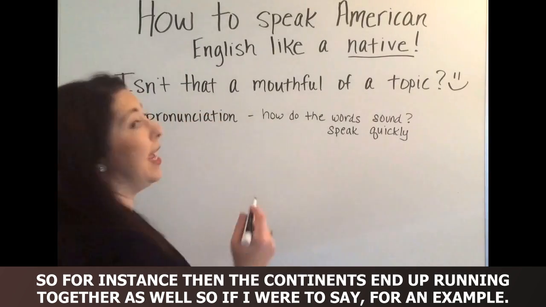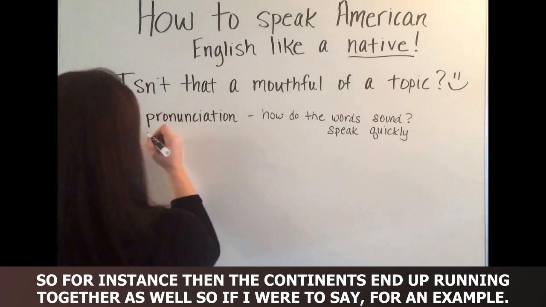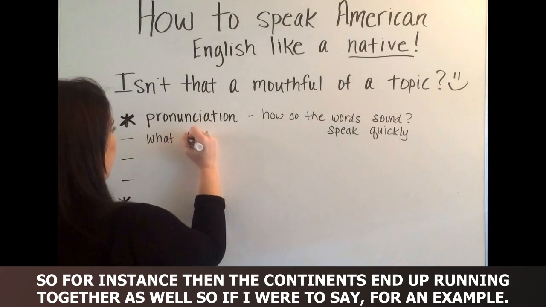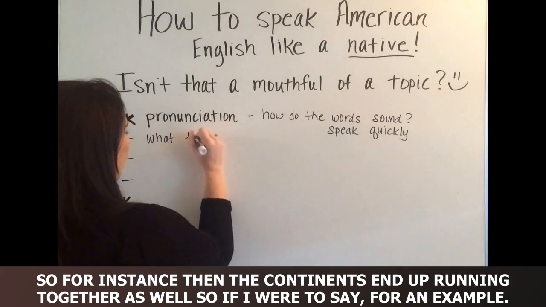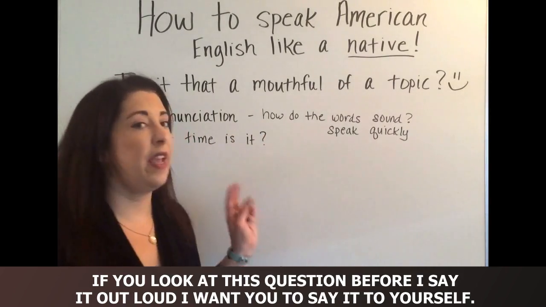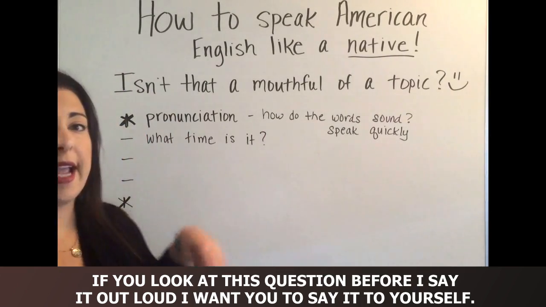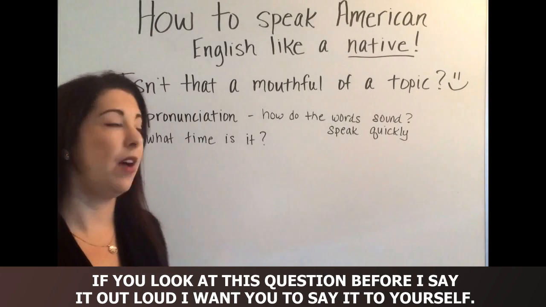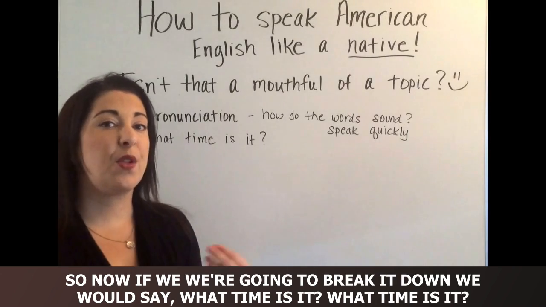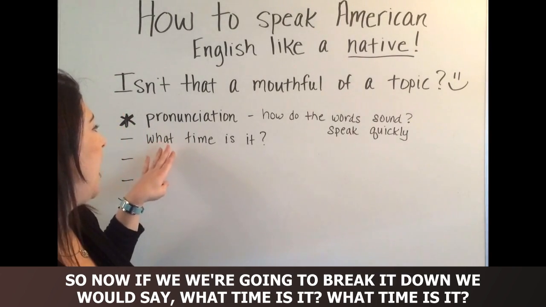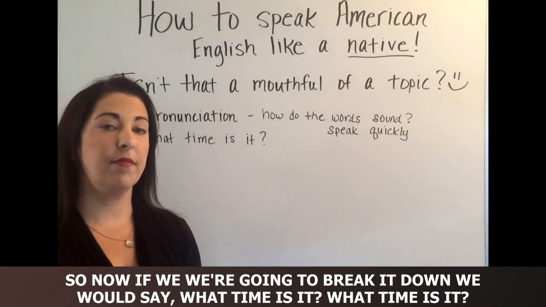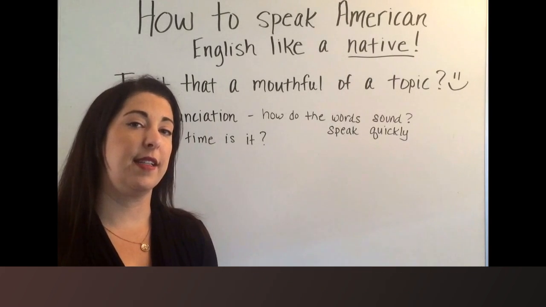So if I were to say, for an example, if you look at this question, before I say it out loud, I want you to say it to yourself. So now if we're going to break it down, we would say, what time is it? What time is it?